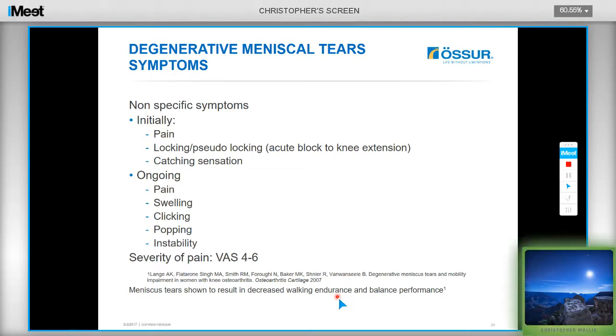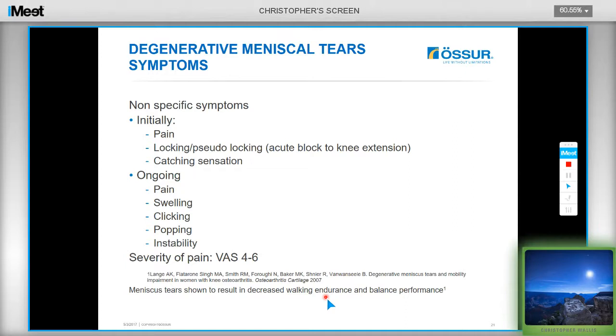Patients will potentially have a catching sensation if there are loose fragments, and a feeling of instability is possible as well. Pain tends to be somewhere in that 4 to 6 range, but it can go higher when it first has an onset, particularly when it's associated with a twisting motion.